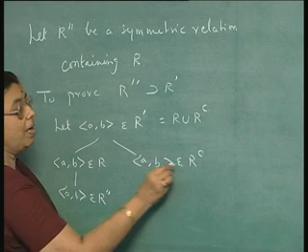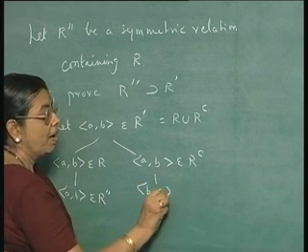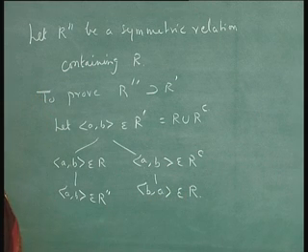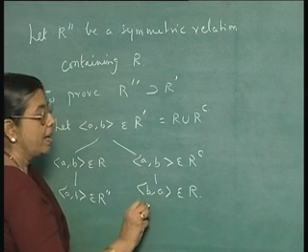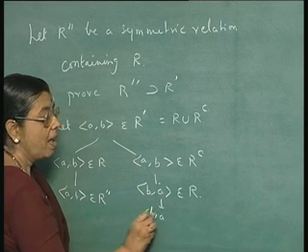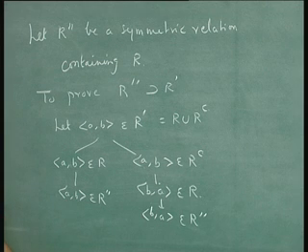Now, if AB belongs to RC, what does that mean? BA belongs to R, and because R2 dash contains R, from this you will conclude BA belongs to R2 dash, but R2 dash is a symmetric relation.